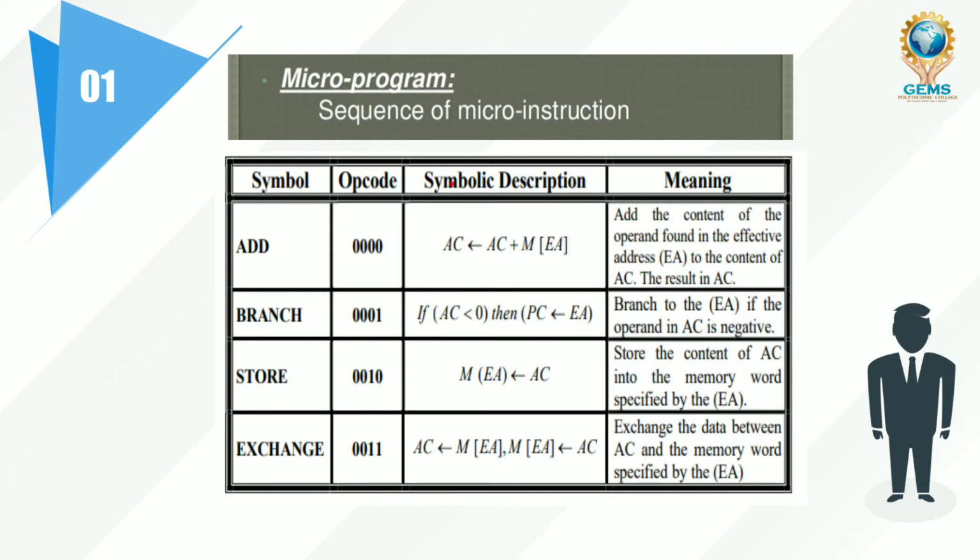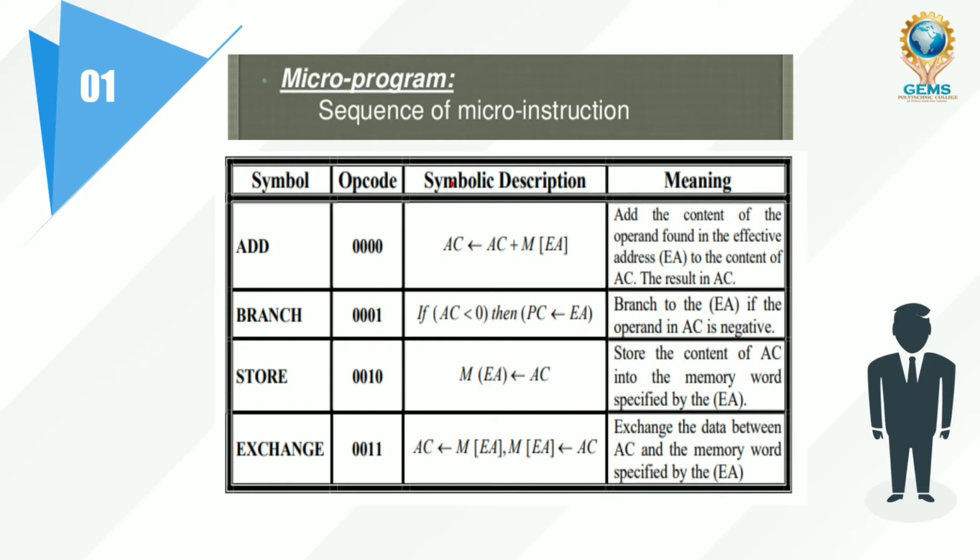Again, for more clarification, I would like to explain the sequence of micro instructions. What is a sequence? A sequence is nothing but a step-by-step process. To accomplish any task, we follow a step-by-step process. That process is called a sequence.